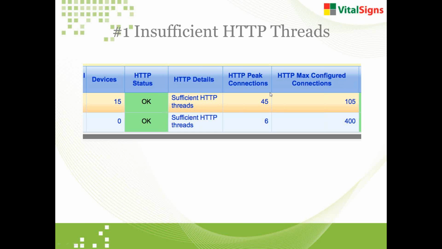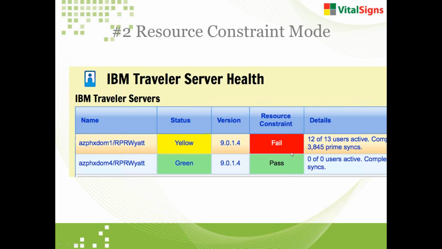And it also tells you what's the peak number of HTTP threads that you actually used at any one time, which is useful. It also, with every scan cycle, will ask for the value of the resource constraint stat and put that in a real nice, simple pass-fail box here.